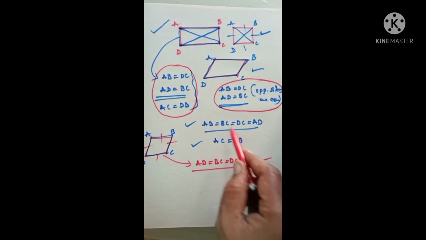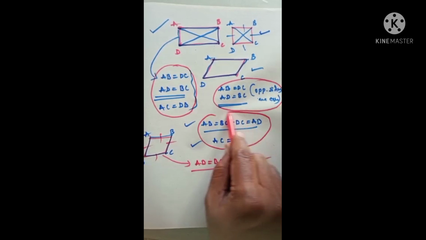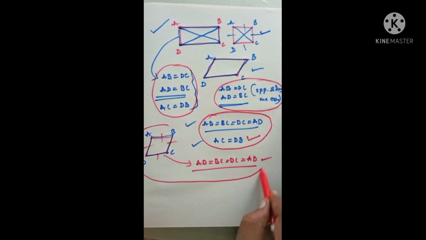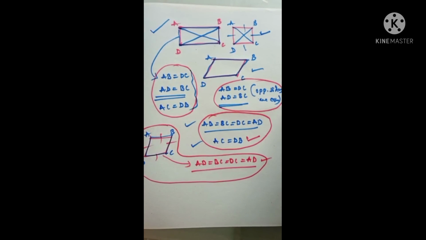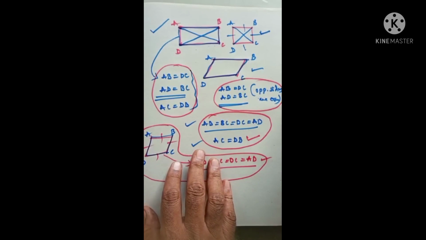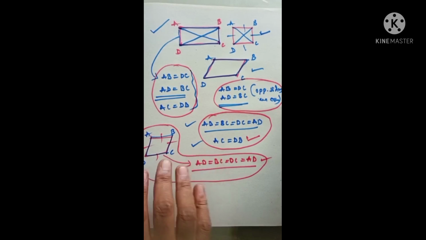If you want to prove it is a square, you want to prove all sides are equal and diagonals are equal, and if you want to prove a rhombus, just prove that all sides are equal. So by keeping these things in mind and applying the distance formula, you can get all these types of questions in your annual exams. Is it right? So these are some of the important questions on the distance formula. Okay.